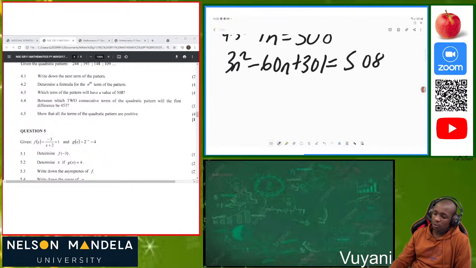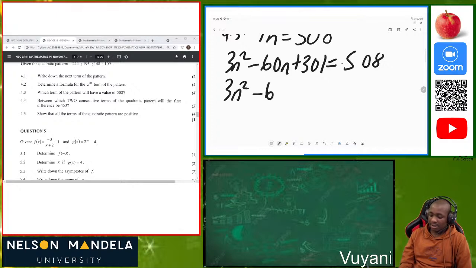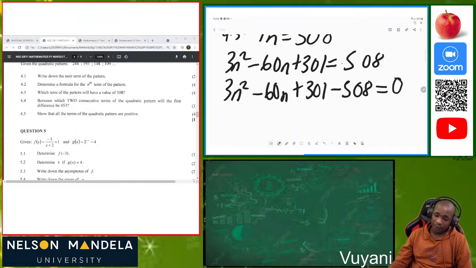Then after that you solve and transpose 508 to the left hand side, and since it is positive, when it goes to the left hand side it will be negative. So we're going to have 3n squared minus 60n plus 301 minus 508, which is equivalent to 0.